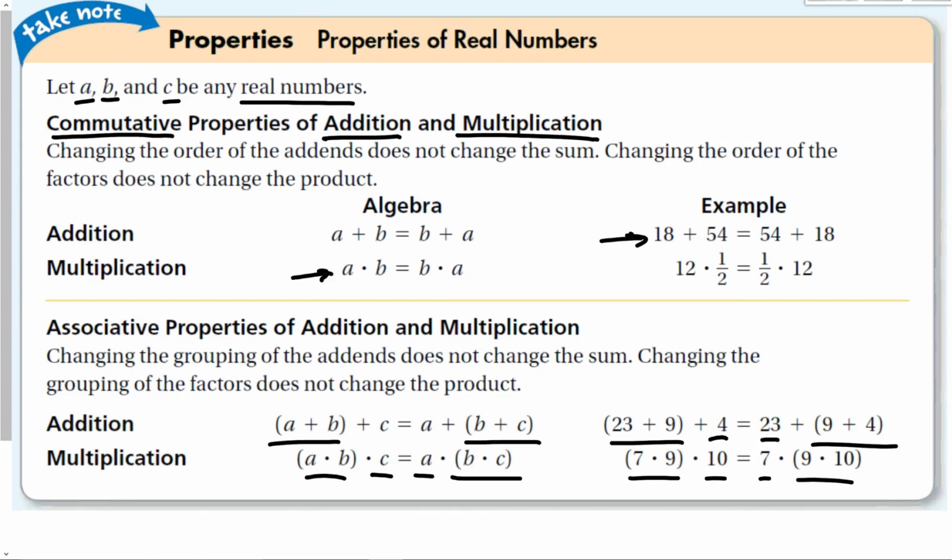Okay. Now, it can get a little bit confusing to try to remember these properties. So one way that I like to remember it is the commutative property, this first one up here. Commuting means how you travel from point A to point B, right? And if you think about how you commute from home to school, the distance you go to get to school is the same distance as from school to go home.